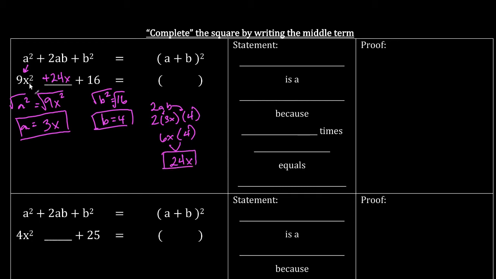So in order to get 9x squared plus 24x plus 16, remember that a was 3x, b was 4, so plus 4, and we would have to multiply it.